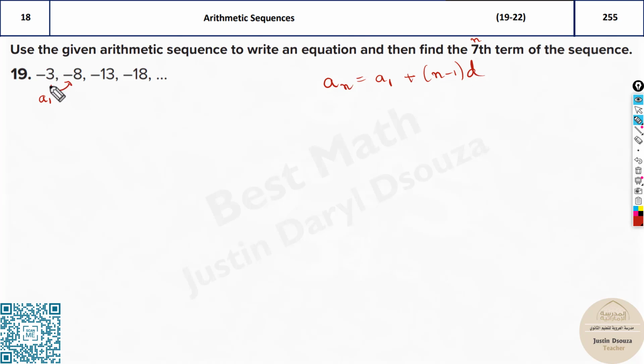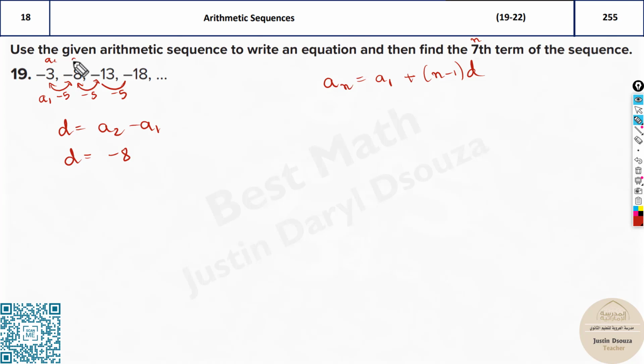See, there is a number that has been added here. Now you might have recognized already, it is not added, it's subtracted. They are subtracting 5 over here. Keep on subtracting 5. But how can we exactly find that? d is equal to a2 minus a1, the second term minus the first term. Minus 8 is the second term.